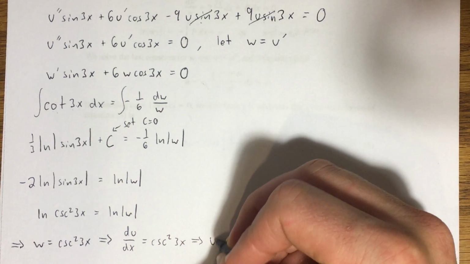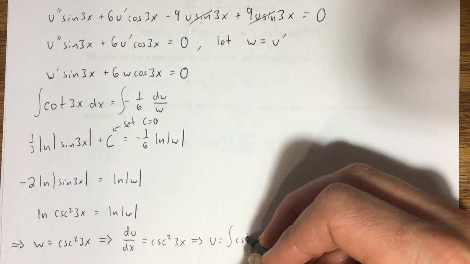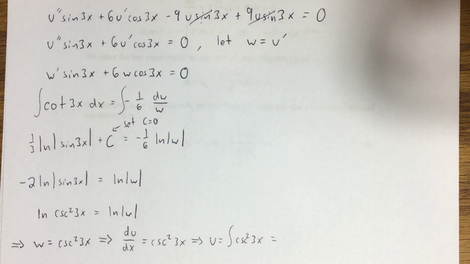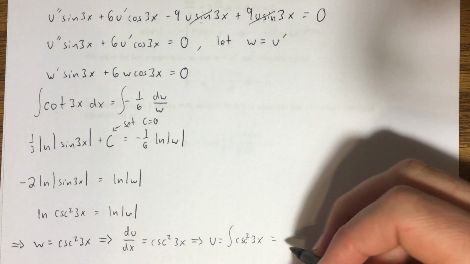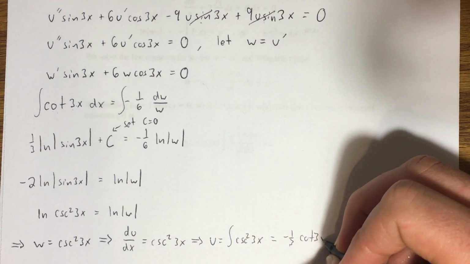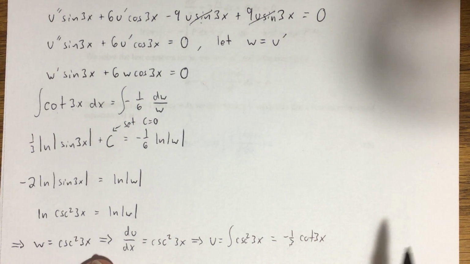That's going to imply that u equals the integral of cosecant squared of 3x, which is equal to negative 1/3 cotangent of 3x. And again, plus c, but as we've seen, it's beneficial to just let c equal 0, because we're going to account for that constant of integration at the end. Okay, we don't need to carry it with us through all this work.